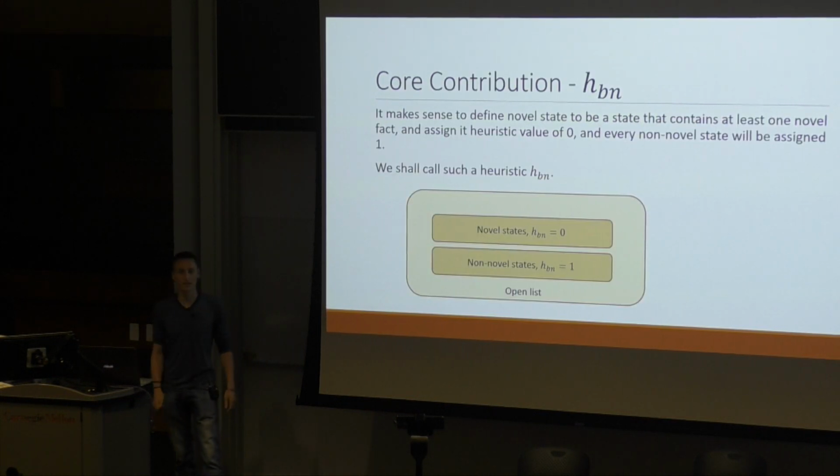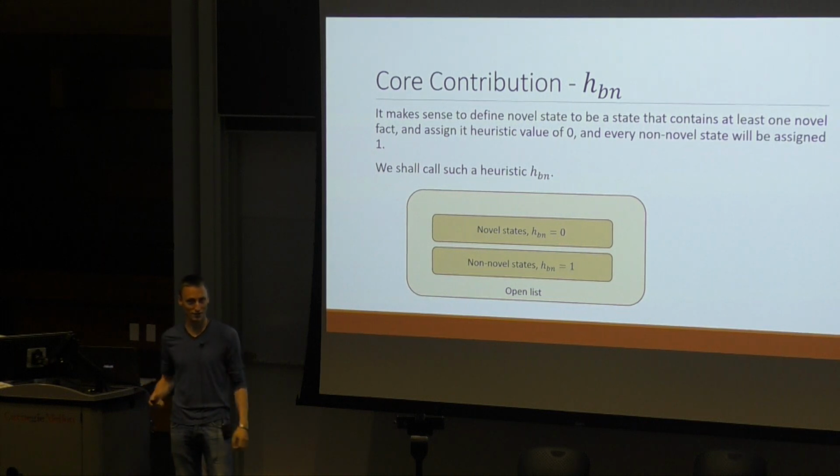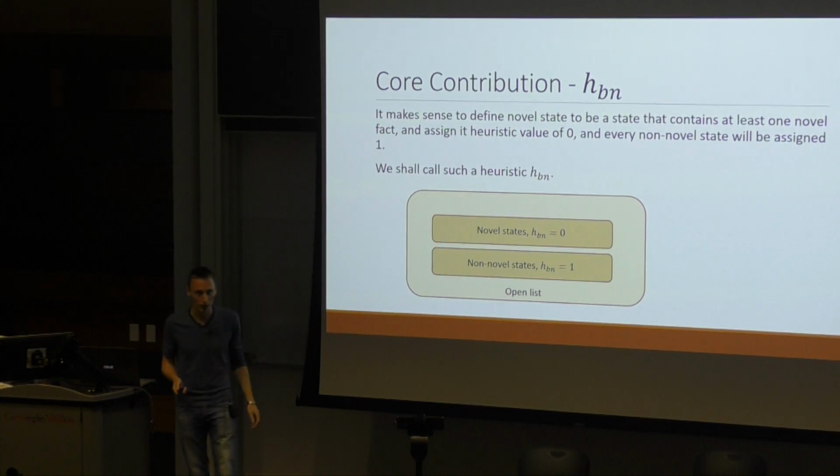And the heuristic that can be derived from this is, well, let's look at the state and say it this way. If we got some fact that is novel in this state, we say that this state will be novel and will be assigned a heuristic value of 0 for our heuristic that we'll call HBN.